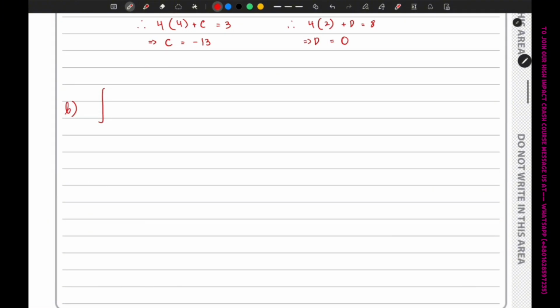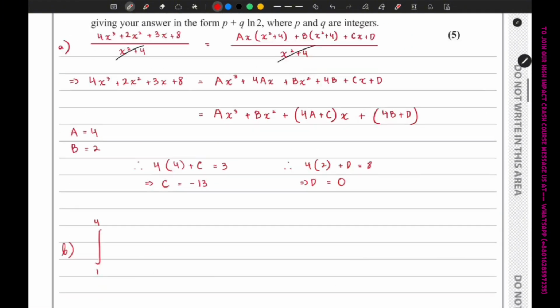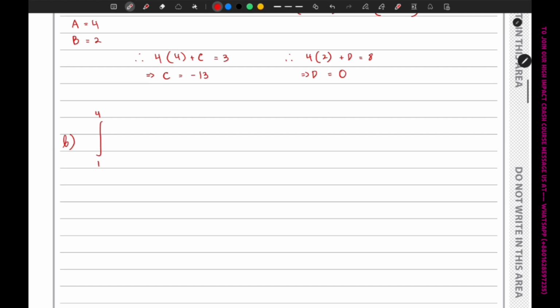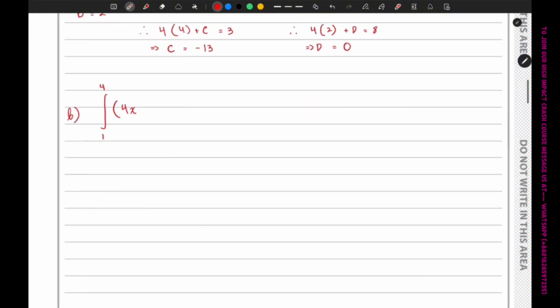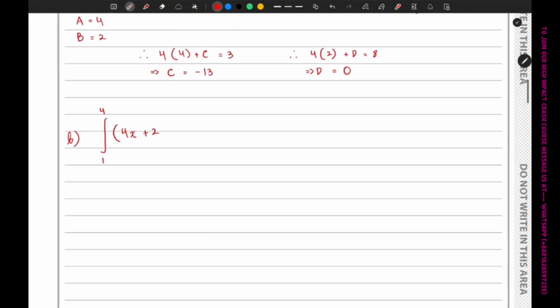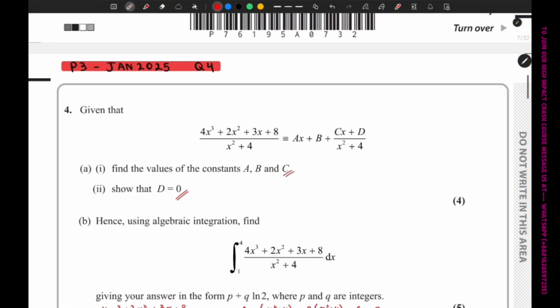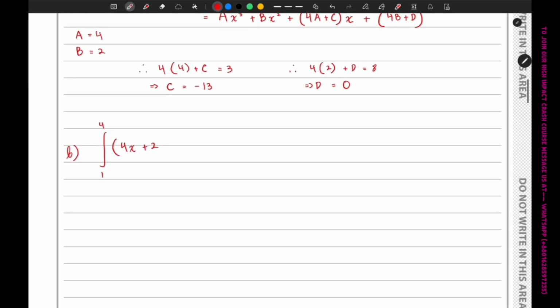So this becomes 1 and 4, and the fraction becomes ax, which is 4x, plus b, so it's plus 2, and cx over x squared plus 4, so it's basically minus 13x over x squared plus 4 dx.